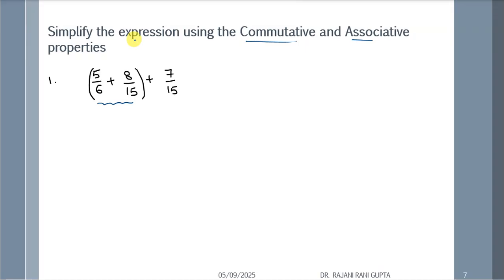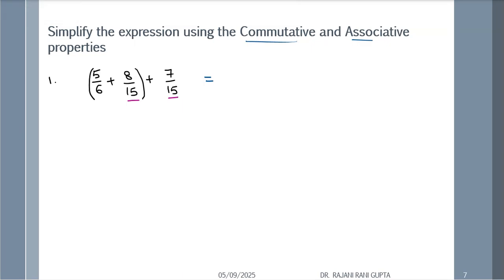So it means you have to find the least common multiple and then work on it. So it will be more time consuming. So instead of this, what you can do is use the associative property and change the position of the bracket. Why do you think of using the associative property? Because you see the denominator of the second and the last term is the same.